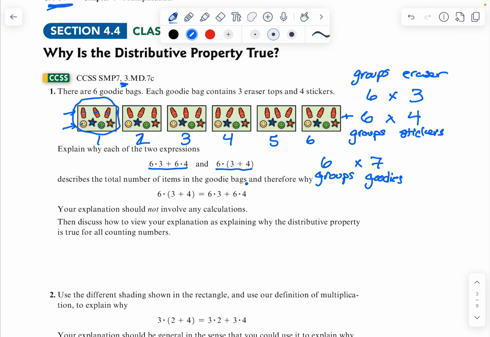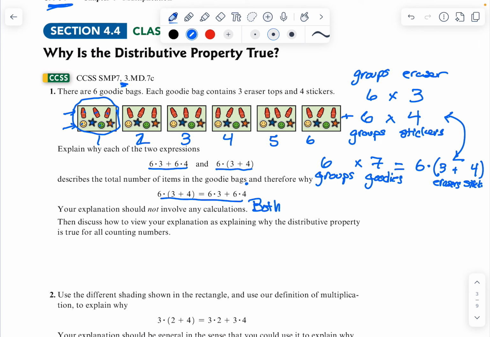But those 7 goodies really are just 3 erasers plus 4 stickers, right? And so that 6 times 7 is really 6 times 3 plus 4, and these 2 things must be equal, right? So it says, therefore, why these 2 things must be equal.